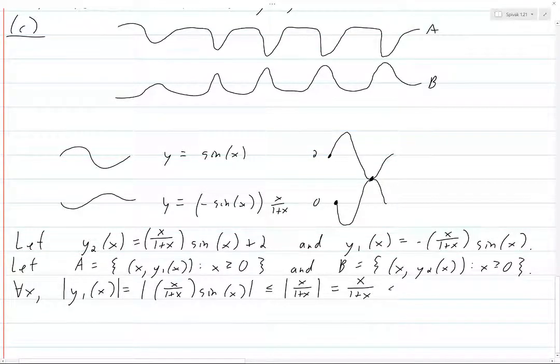And this is going to be strictly less than x over 1 plus x plus 2, which is precisely the norm of x over 1 plus x plus 2.